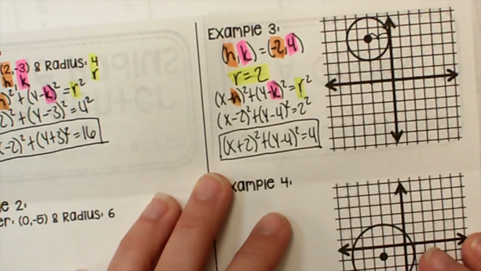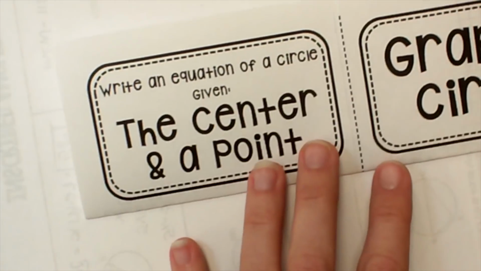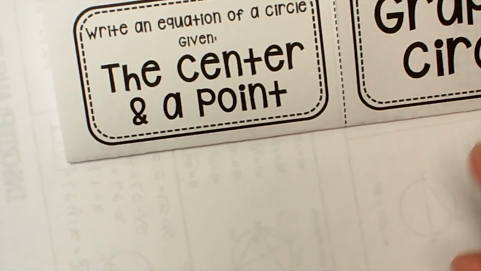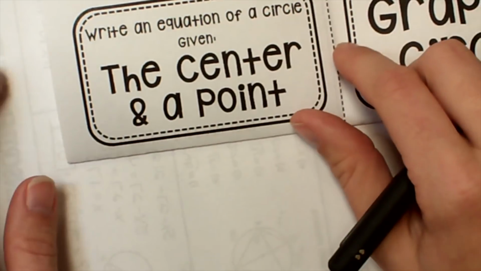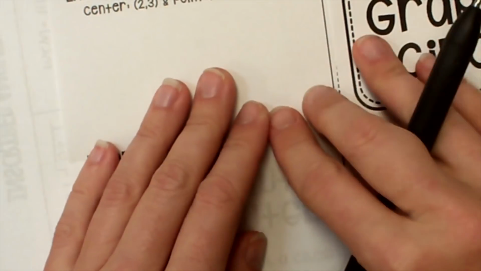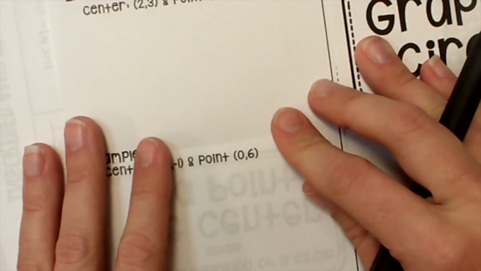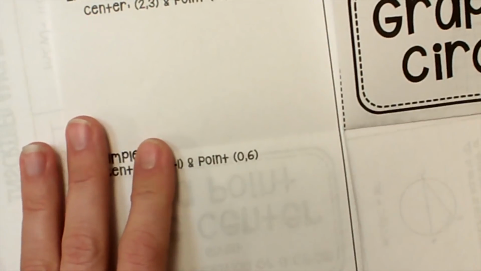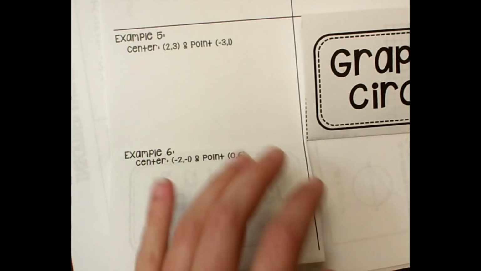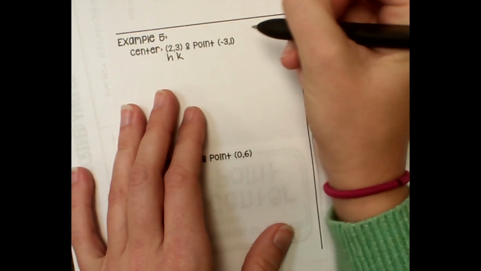So let's look at when given the center and a point. These are a little bit more drawn out, but it's the same premise. Now you have the center, h and k, and we have a point.